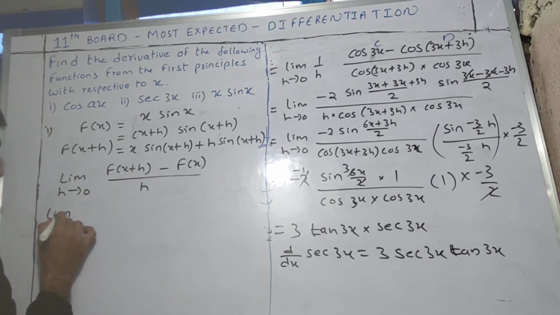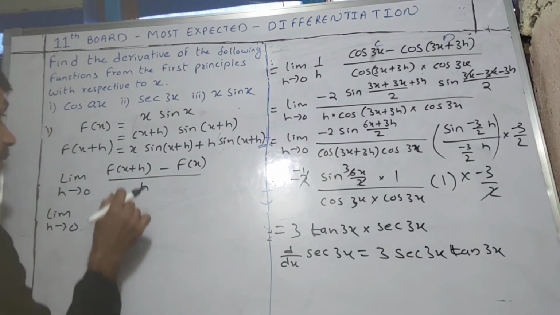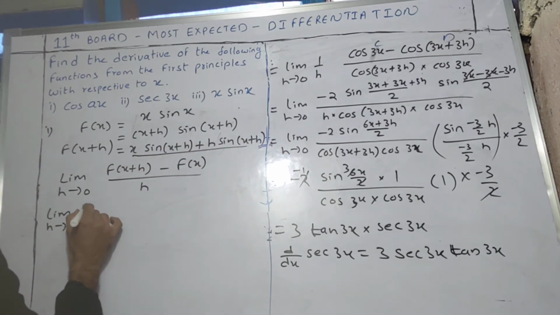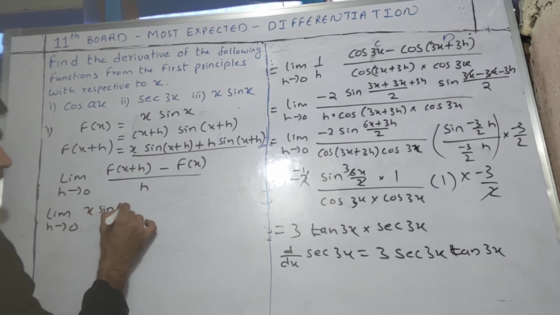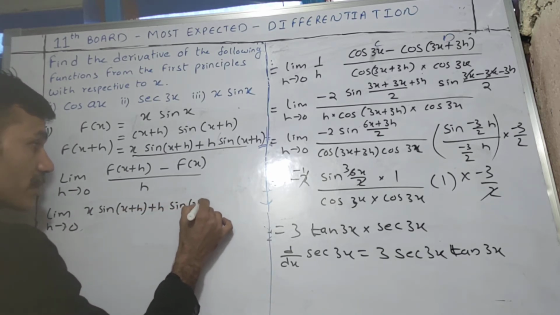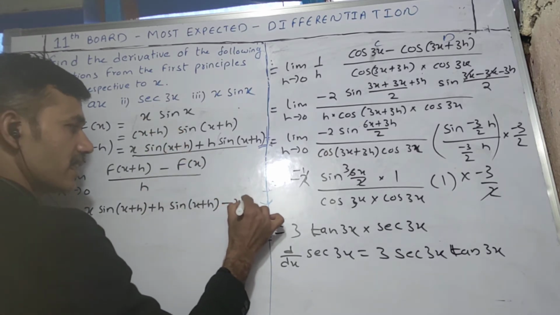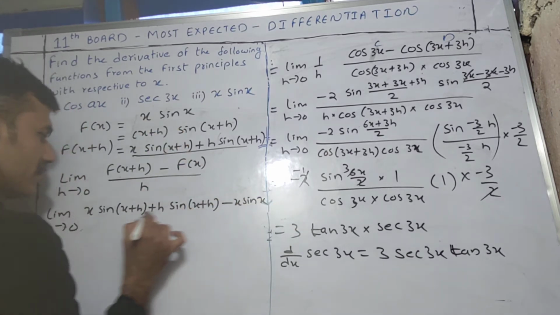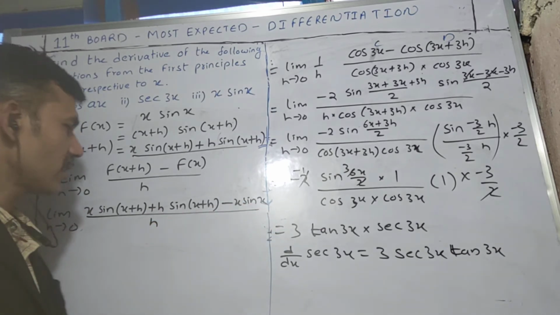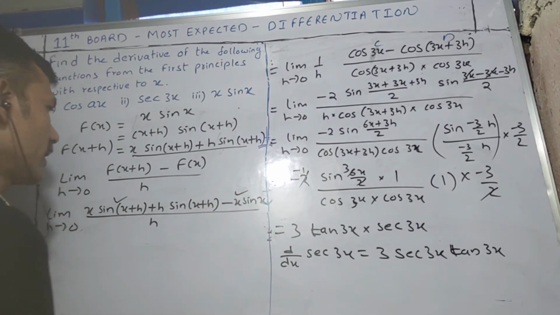So we'll use the definition. In the definition we'll substitute. This is the definition of first principle of derivative. F of x plus h, we can write these things: x times sine x plus h, h times sine x plus h, minus f of x, we can write this x sine x, upon h. See, we have to take common. So in first and last we are having x as common. You can take x common.